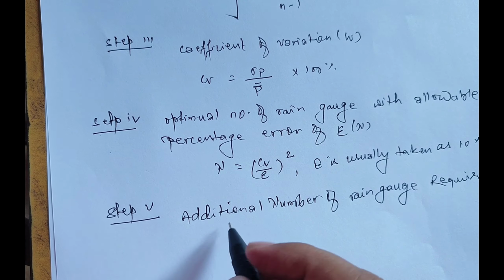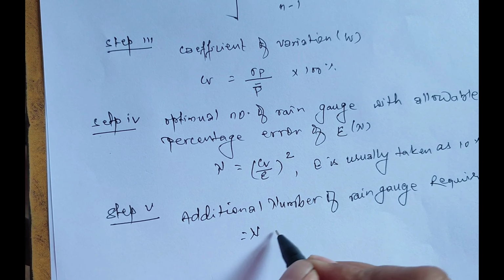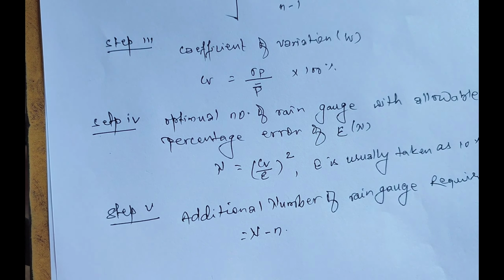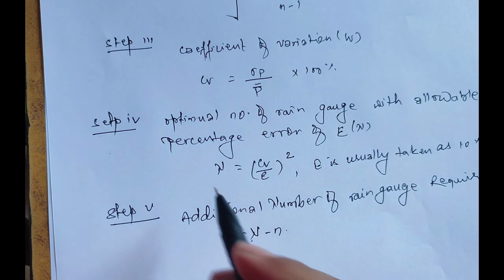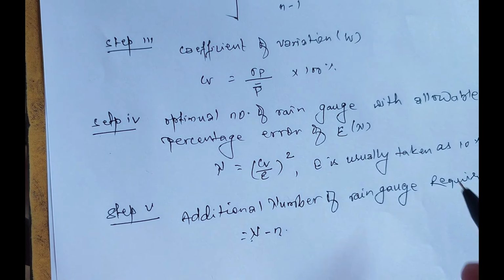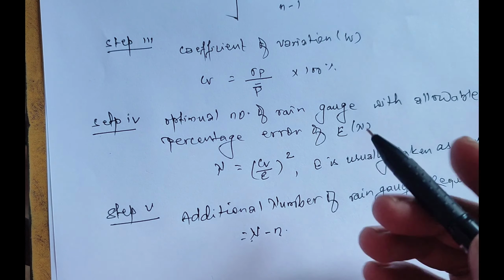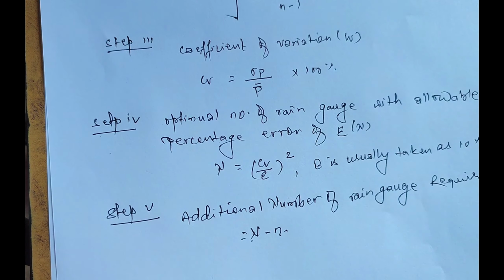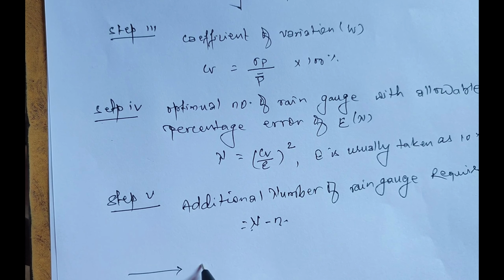Additional rain gauges required is equal to capital N minus small n. This capital N comes from the previous calculation, and small n is the number of data that we have already been provided. Now after this calculation we will go to the question.